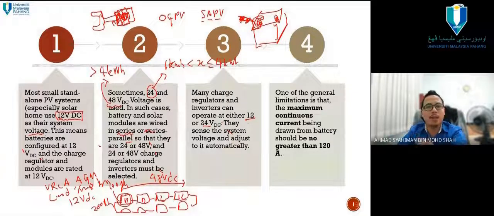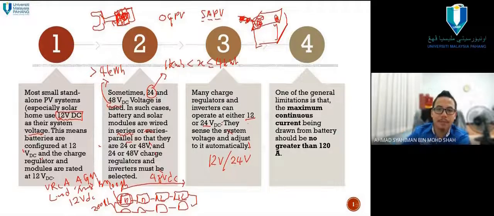Maybe you buy a 100 watt panel, and maybe a 40 Ah battery. So you connect it, and you buy the charge controller. Make sure you don't make a mistake. Most charge controllers by default support 12 volt and 24 volt.